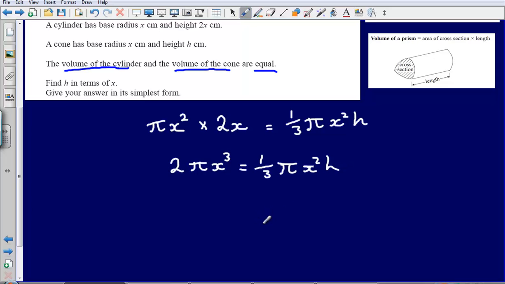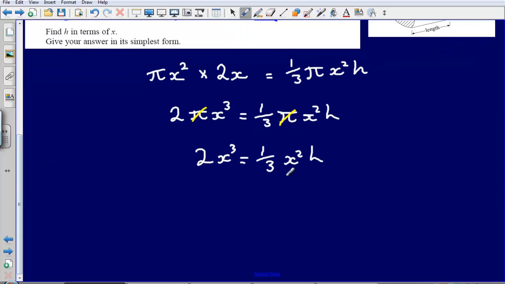Now we can start to cancel this down a little bit. We've got a lot of things in common in both of these, so let's start taking those factors out. To begin with, I've got this factor of pi in both, so let's divide both sides by pi to get rid of it. That leaves me with 2x cubed is equal to 1/3 x squared h.